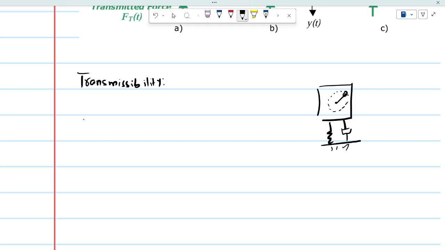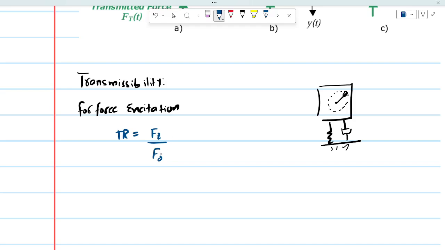So the transmissibility for force excitation can be written as Tr, which is equal to the amplitude of the transmitted force divided by the amplitude of the excitation force.